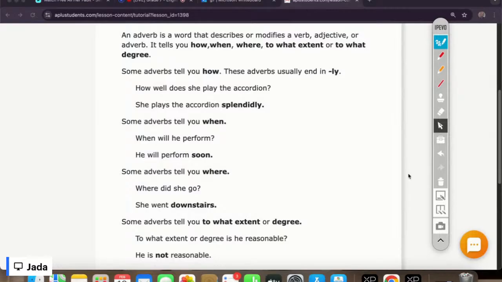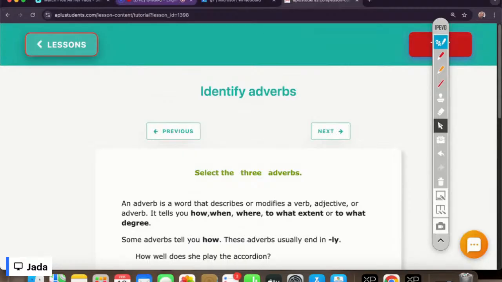Okay. All right. So we have selected three adverbs here.